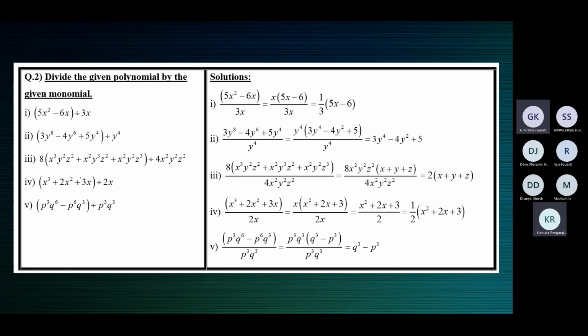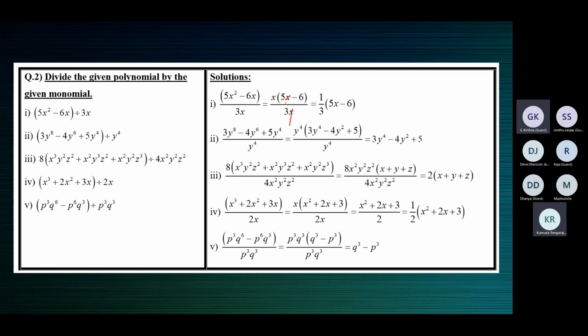Now here you can cancel this x and x because x is independent. It's x into 5x minus 6. This x is independent. This x is not independent. It's a part of the expression 5x minus 6. So you cannot cancel this x and this x.